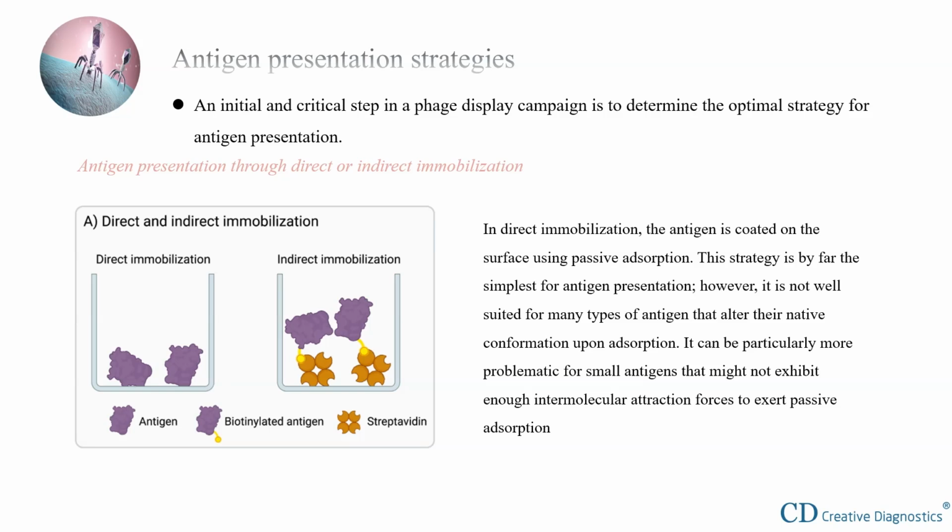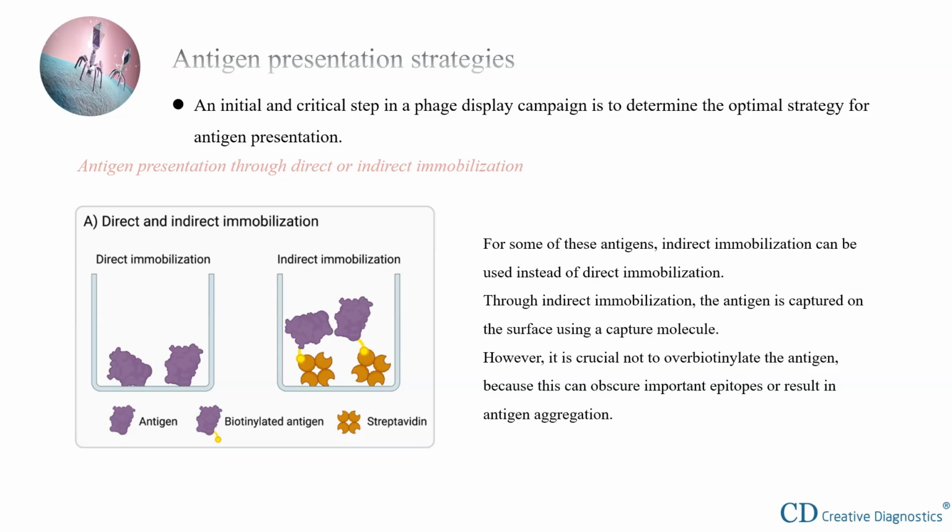For such antigens, indirect immobilization can be used as an alternative to direct immobilization. Through indirect immobilization, the antigen is captured on the surface using a capture molecule. However, it is crucial not to overbiotinylate the antigen, because this can obscure important epitopes or result in antigen aggregation.